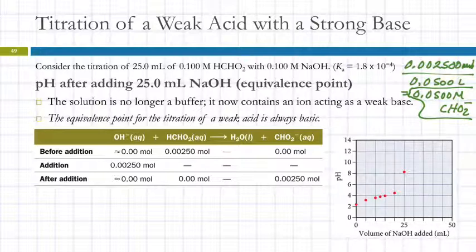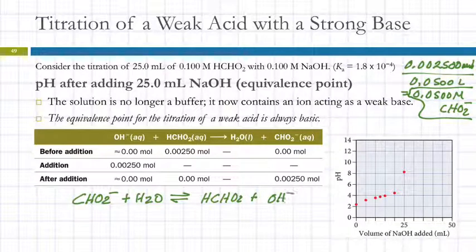This is the base. My apologies. Okay, our base, CHO2 minus, is going to react with water in equilibrium, and it's going to reform our weak acid plus hydroxide ions.